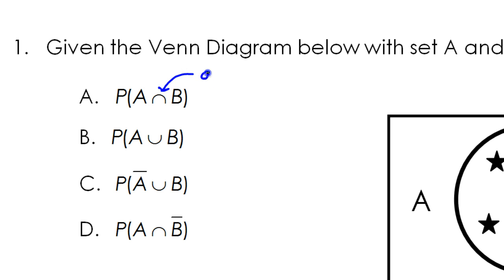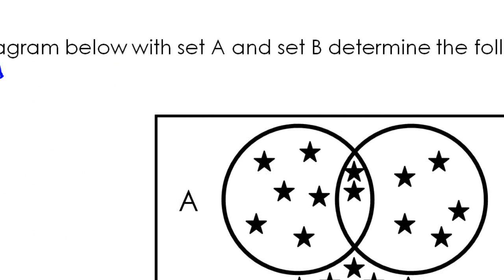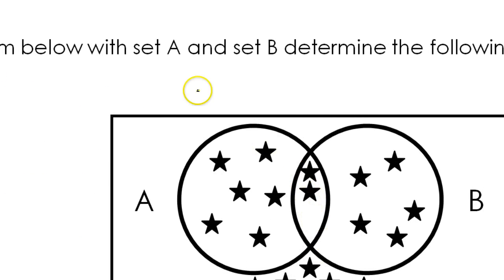You should be thinking the word AND. This is A and B. That means we are talking about the overlapping part right here in the middle. So that's what we need the probability of.